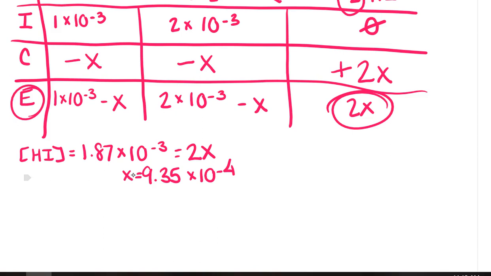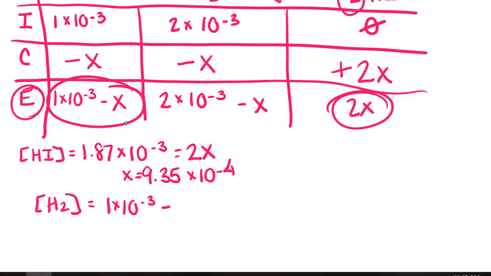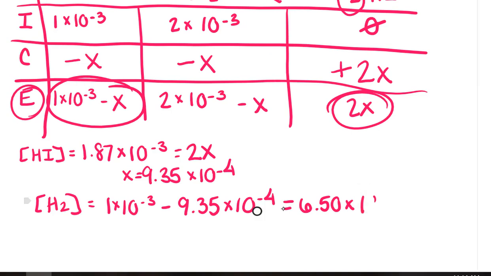Well, once I know x, I can now solve for the equilibrium concentration of both of my reactants. So at equilibrium, the concentration of hydrogen is 1 times 10 to the negative third minus x. And I know that x is equal to 9.35 times 10 to the negative fourth. So that means the molar concentration of hydrogen at equilibrium is 6.50 times 10 to the negative fifth molar.